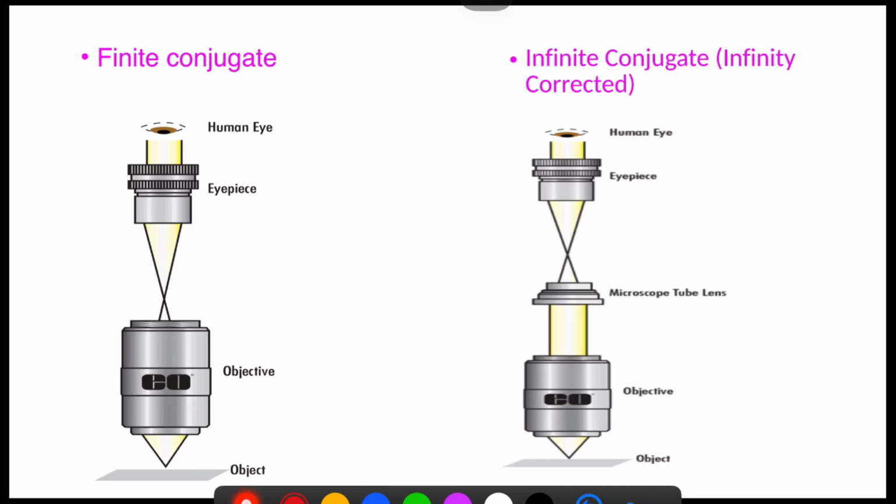Here there are parallel light rays going from the objectives and passing through the extra microscope tube lens. Here it is absent, here the tube lens is there, and it passes these rays to the eyepiece. So this is how infinity corrected or infinite conjugate helps for better images.